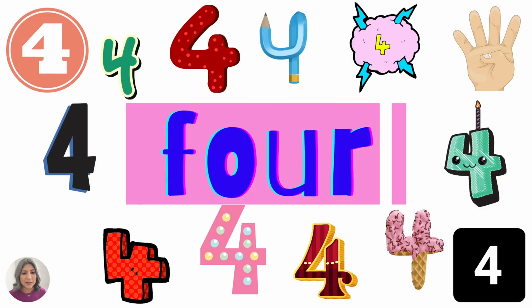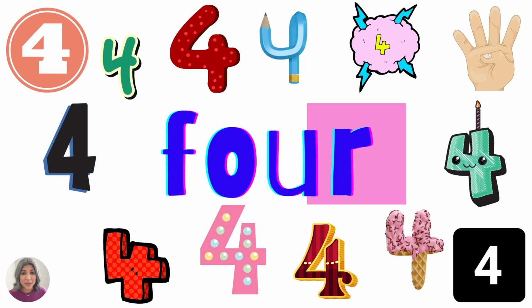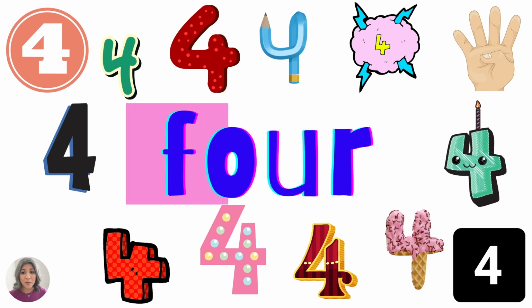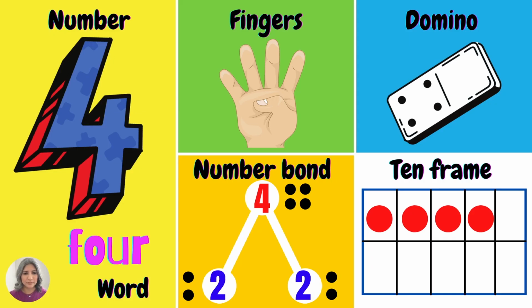4. This is the number 4. Can you say 4 with me? 4. This is our number mat for the number 4. It has the number 4 and the word 4. 4 is spelled F-O-U-R. To represent 4 in our fingers, we do this. Now let's count to make sure. 1, 2, 3, 4. 4.